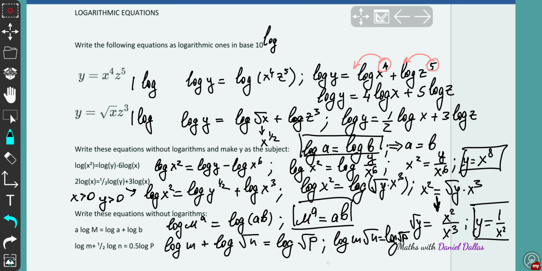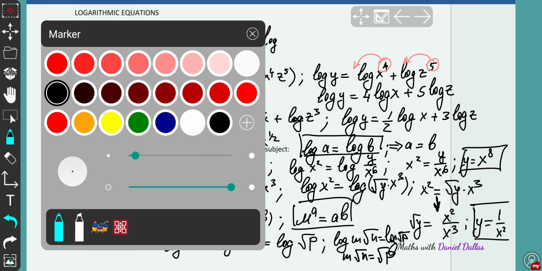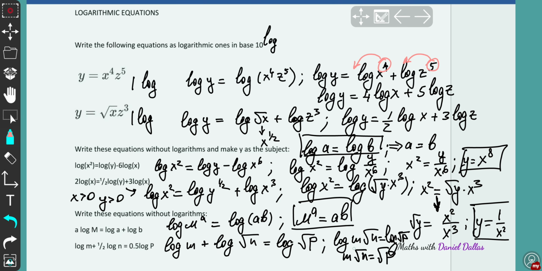So finally, if I get rid of logs, I'll get m square root of n equals the square root of p. And that's going to be the final expression for the bottom example.